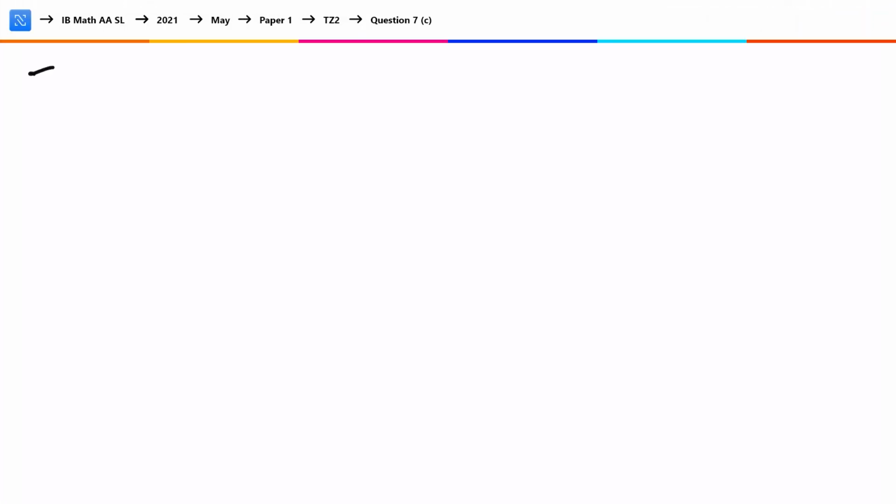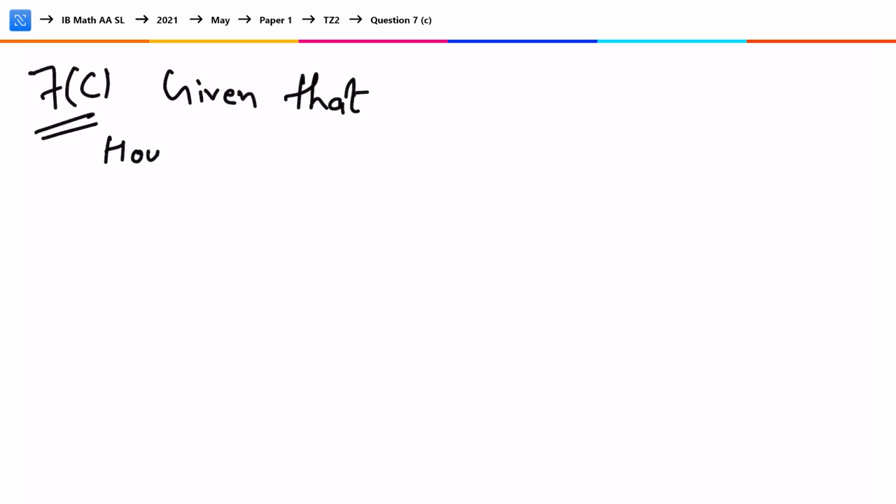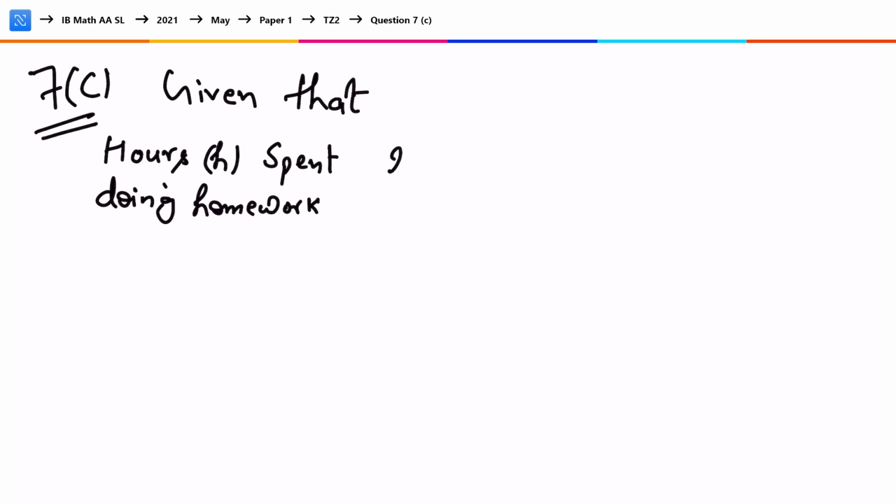In question 7, part C, we're given a situation where the number of hours denoted as H spent doing homework falls within different ranges. H is greater than 2, but less than or equal to 7, and frequency is 4.